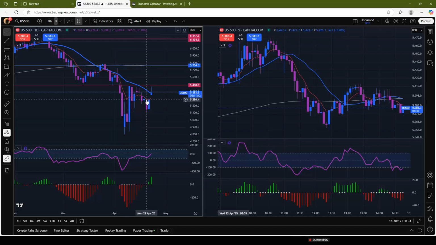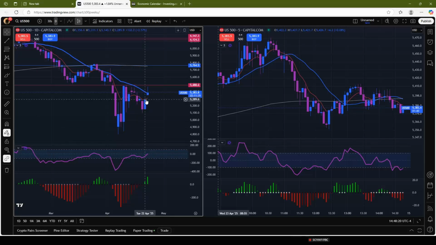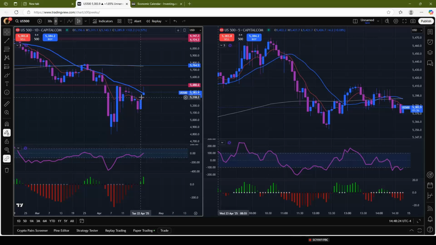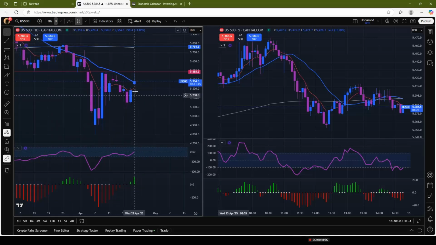And as we can see in this position right here, we see that okay, there is some bullish sentiment. We see on the weekly chart, on the daily chart, that price has traded above the 8-period EMA.